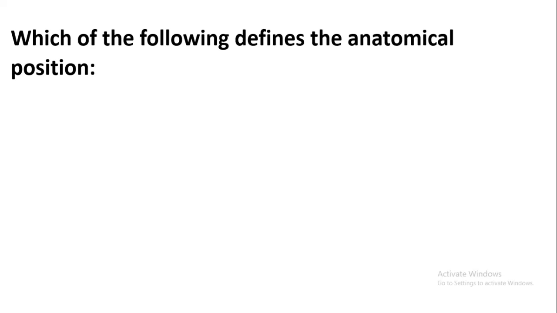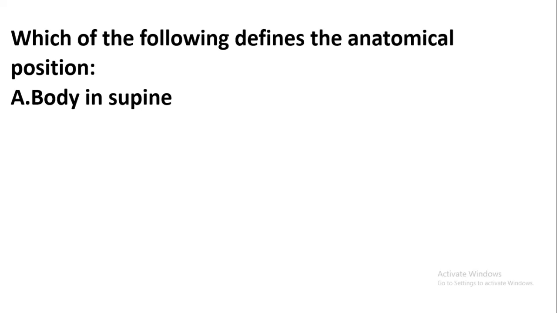2, the eyes have to face away, which is forward. And the other thing that we can talk about is that the palms have to face forward. Then that person can be said to be in anatomic position. Let's quickly look at the multiple choice. A, the body in supine position. No, this is totally wrong.